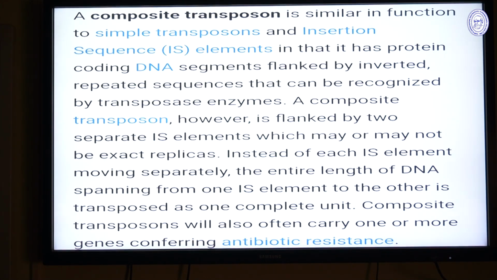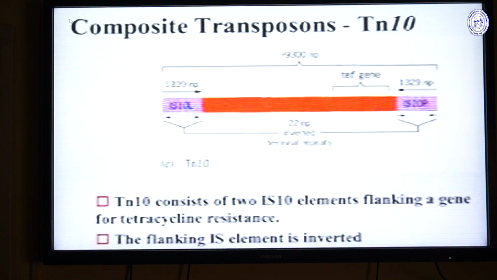The composite transposons will also often carry one or more genes responsible for conferring antibiotic resistance. This is the main speciality of composite transposons: they are a combination of IS elements, and in the combination, one of the IS elements may be inactive in producing the transposase gene, whereas the other one is active.